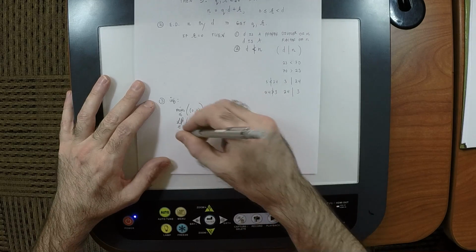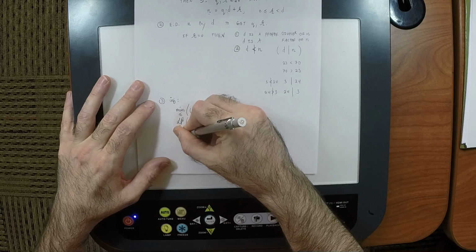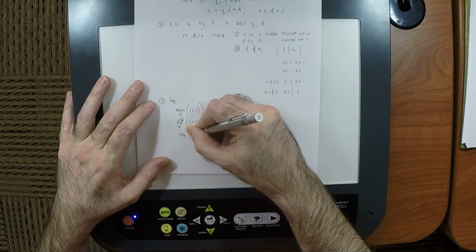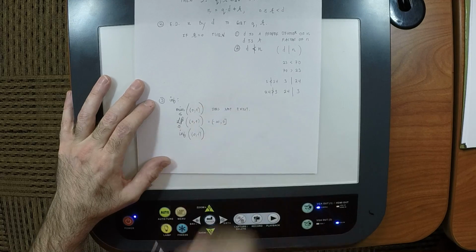So here we have it. Is that the definition of infimum of a set? Well, I'll say specifically of this set.